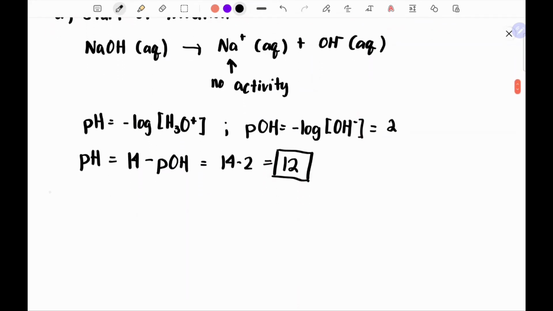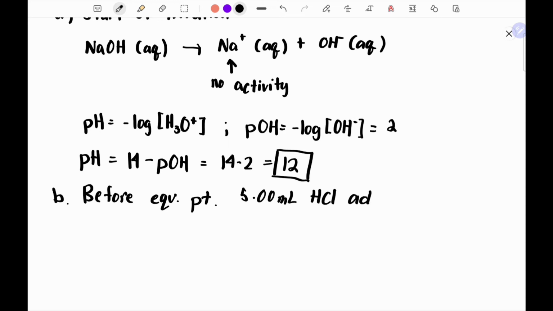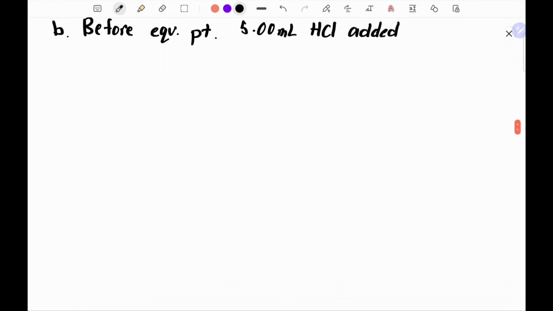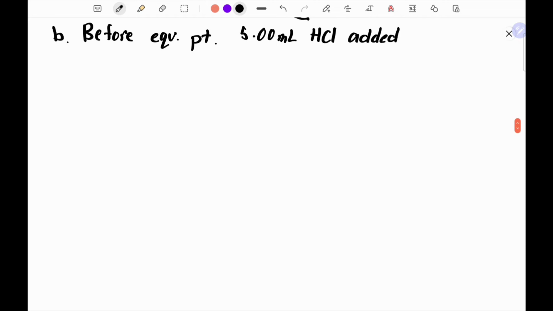Let's now consider 5 ml added. In this region, it's before the equivalence point, and let's consider 5 ml HCl added. During the course of the titration, the neutralization reaction will occur.